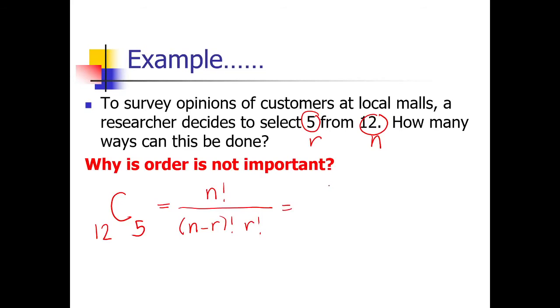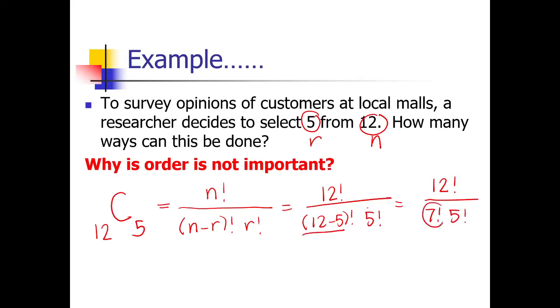We know that 12 is N. 12 factorial over 12 minus 5 factorial, 5 factorial. So we have 12 factorial over 7 factorial and 5 factorial. I'll stop at 7 factorial.